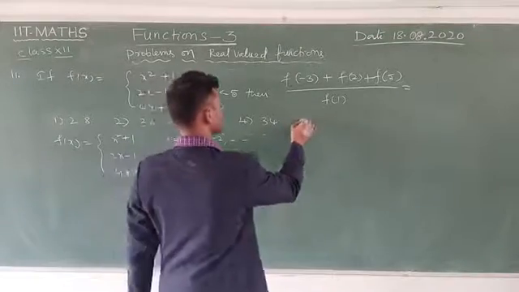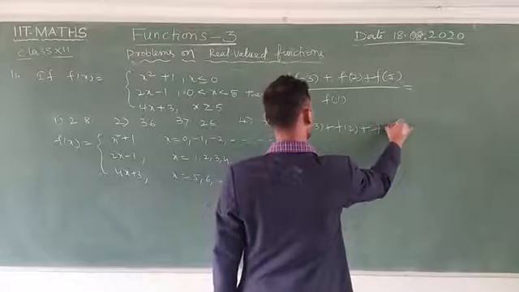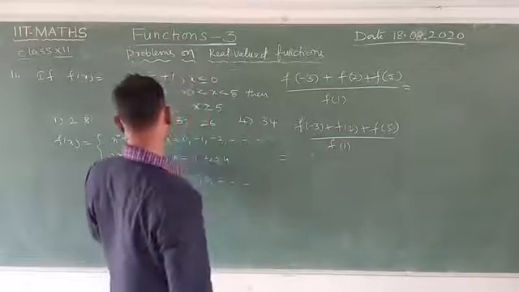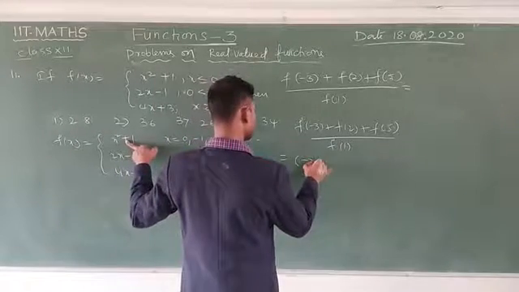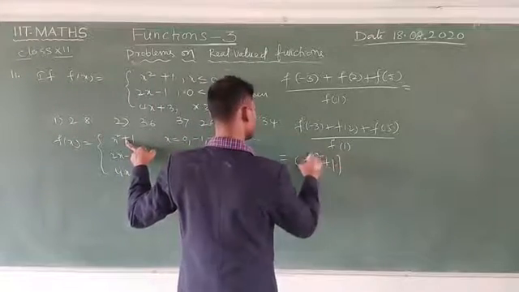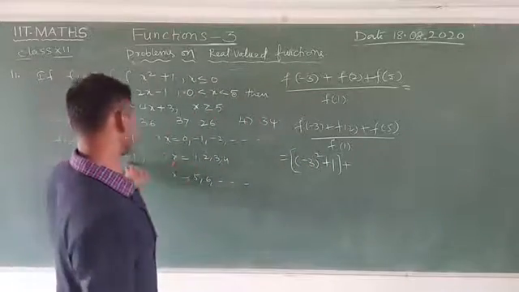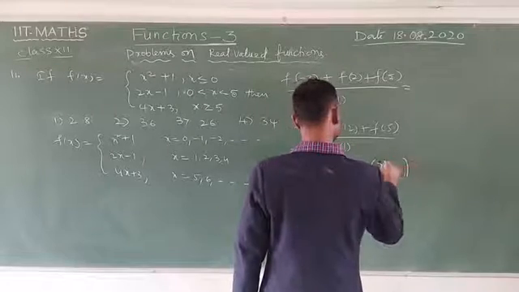Now you can find the value of (f of minus 3 plus f of 2 plus f of 5) whole by f of 1. f of minus 3 uses x square plus 1: minus 3 square plus 1. Plus f of 2, which uses the second function: 2 into 2 minus 1.